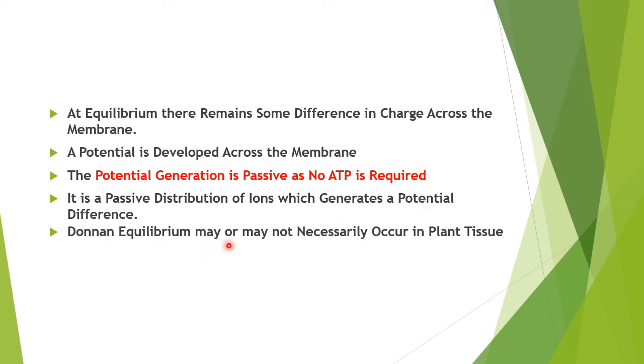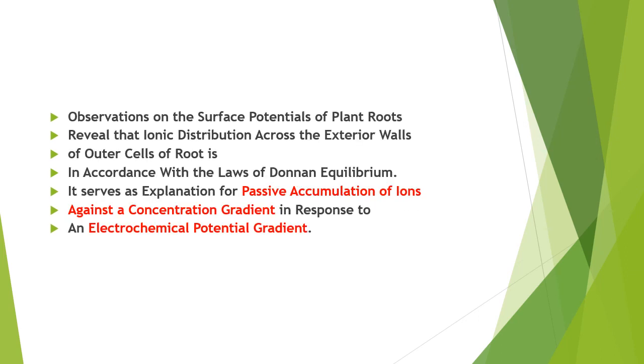So Donnan equilibrium may or may not necessarily occur in plant cells, but observations on the surface potentials of plant roots reveal that ionic distribution across the exterior walls of outer cells of roots is in accordance with the laws of Donnan equilibrium. It serves as an explanation for passive accumulation of ions against a concentration gradient in response to an electrochemical potential gradient.